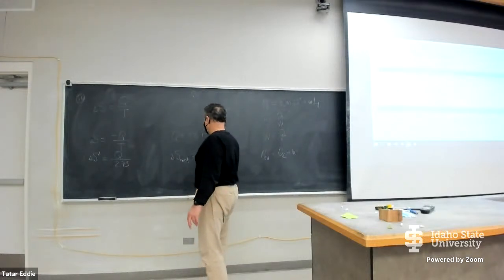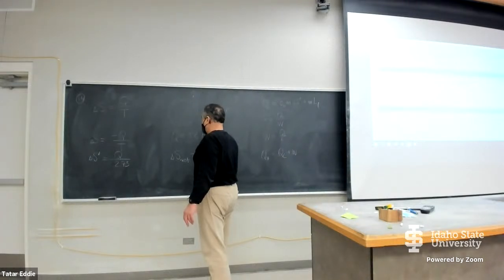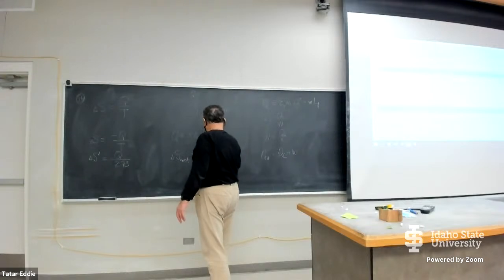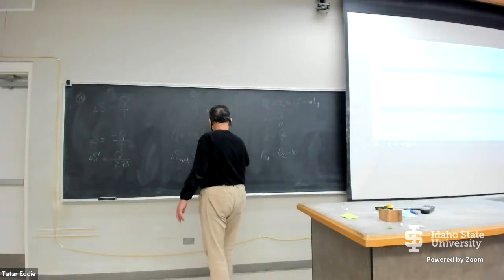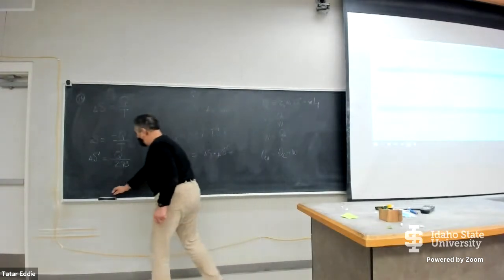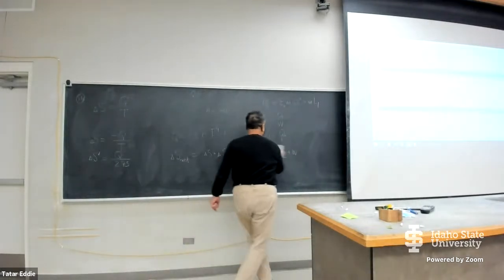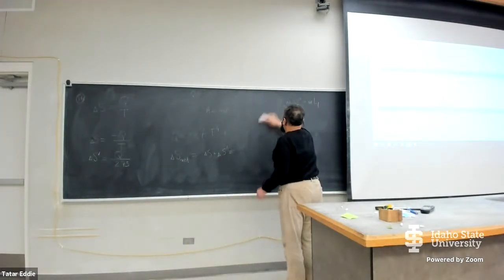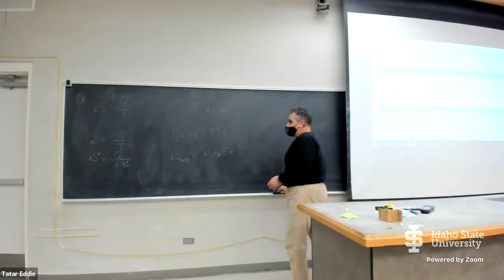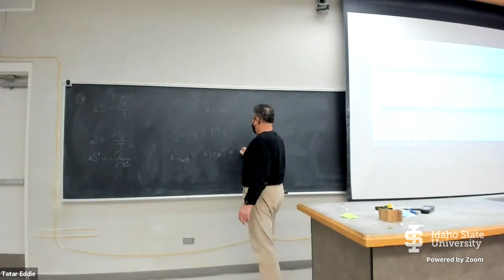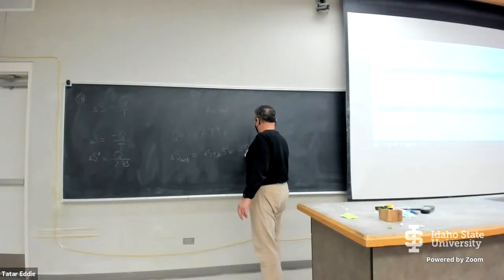So it is going to be delta S plus delta S prime. In other words, negative Q divided by T, plus positive Q divided by 2.73.